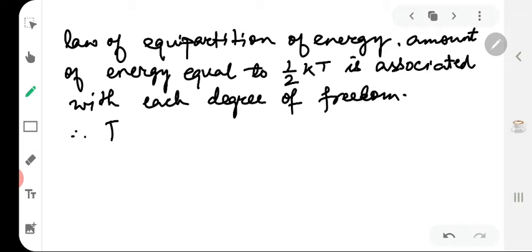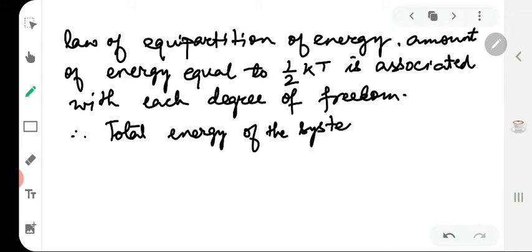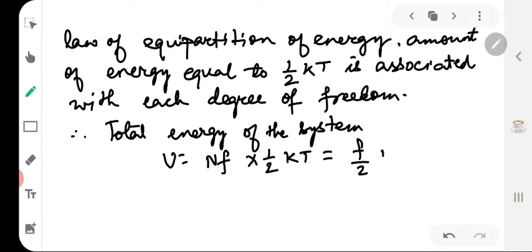Therefore, total energy of the system U will be equal to NF into half kT, that is equal to F by 2 RT.